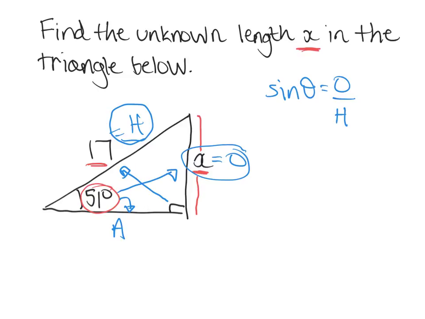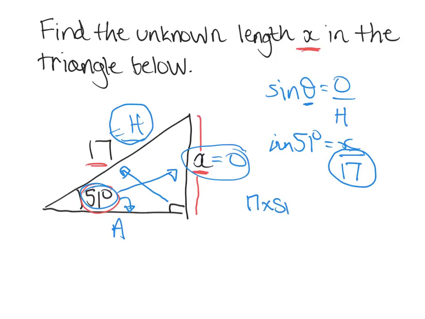Now let's plug in what we know. The reference angle is 51, so sine of 51 is equal to x, the opposite side, divided by 17, the hypotenuse. Now we need to get rid of the division by 17. The opposite of dividing by 17 is multiplying by 17.